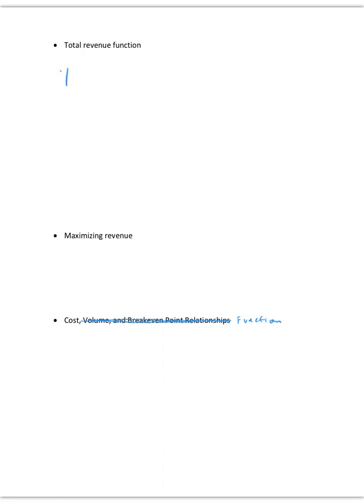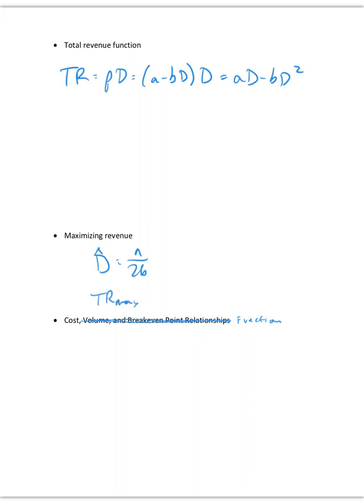As a reminder, TR equals PD equals (A minus BD) times the demand, which is AD minus BD squared. And maximizing revenue, we're going to call it D hat, and it's A over 2B, and TR max is A squared over 4B.